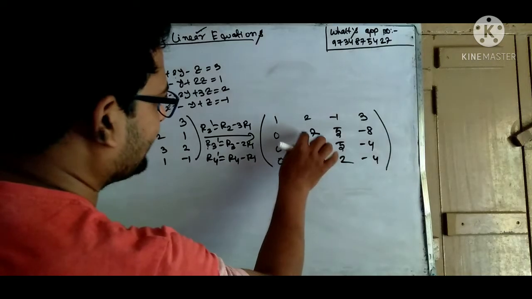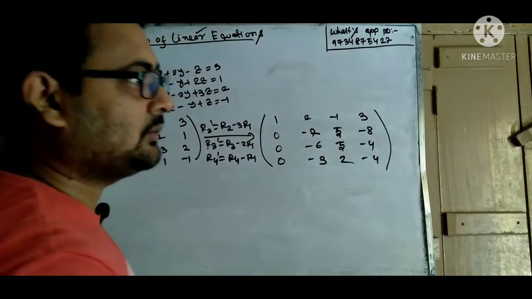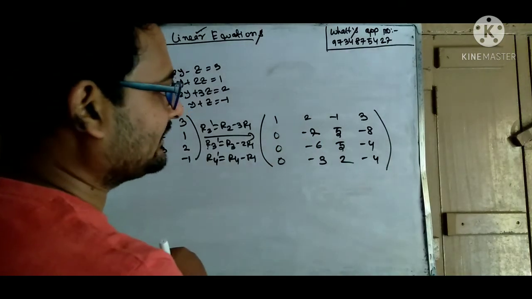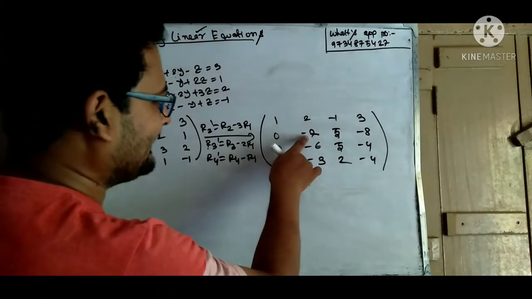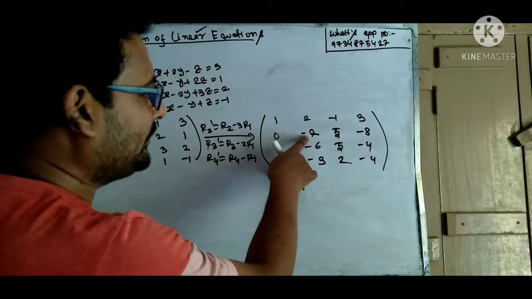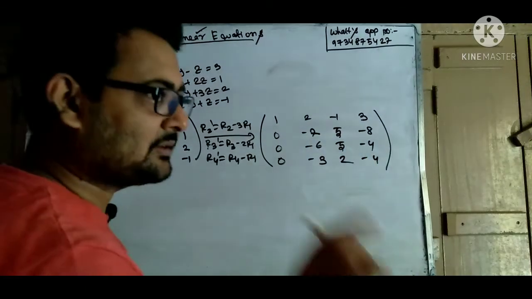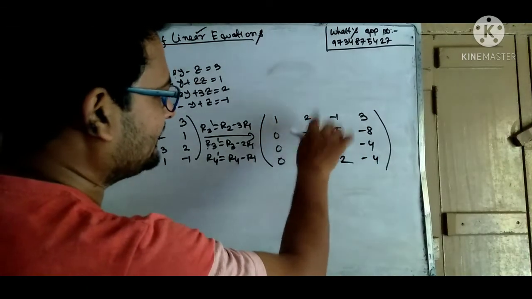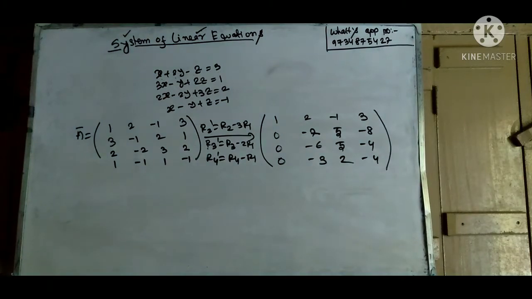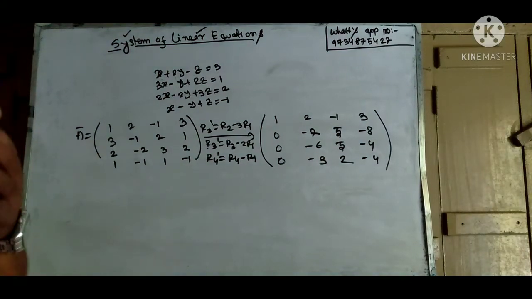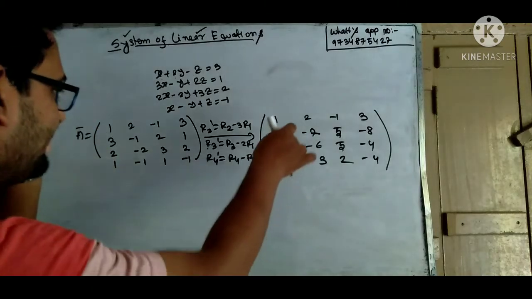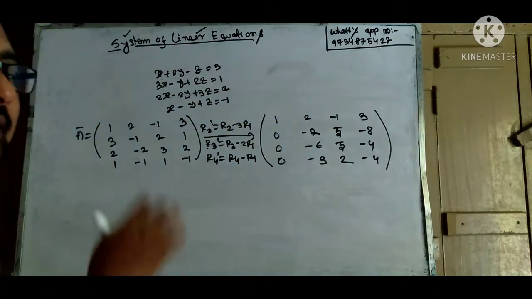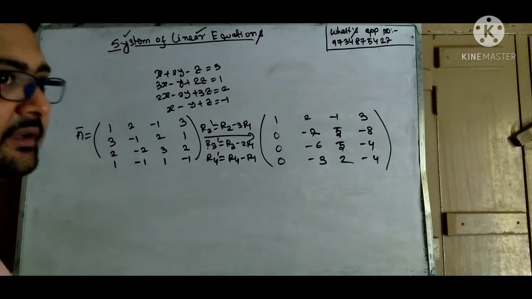So 0, minus 1, minus 1, the calculation will be much easier, and here no fraction exists. Now, after getting minus 1 here, we will multiply the second row by minus 1, then it becomes 1, that is the leading one. Okay. In the procedure of row echelon form, you can also apply this procedure to avoid the fractional part if possible.